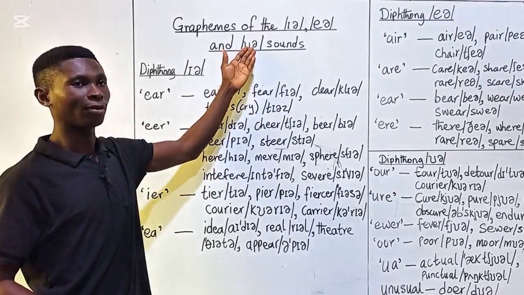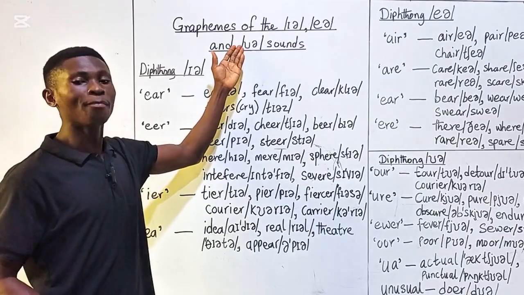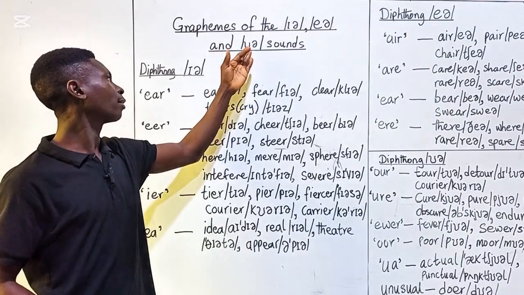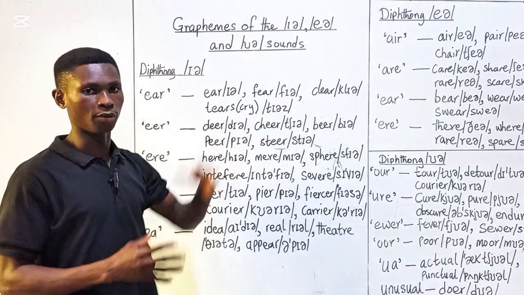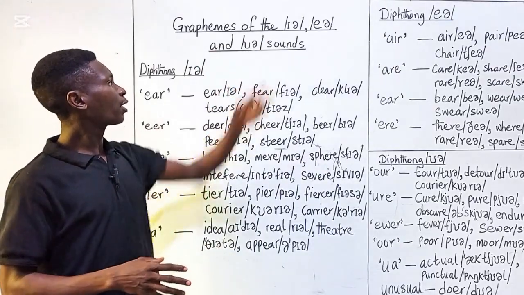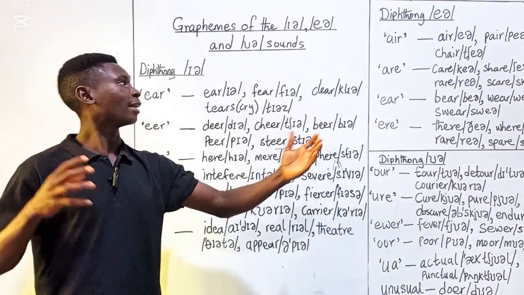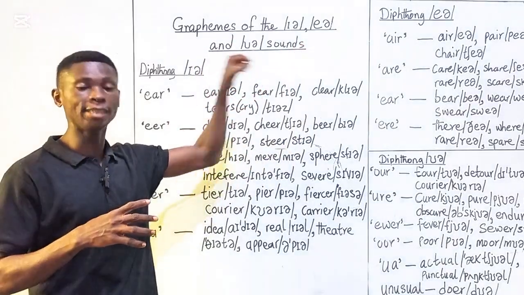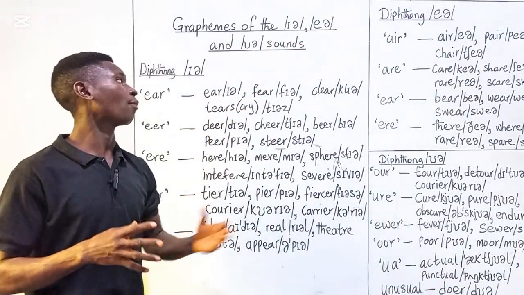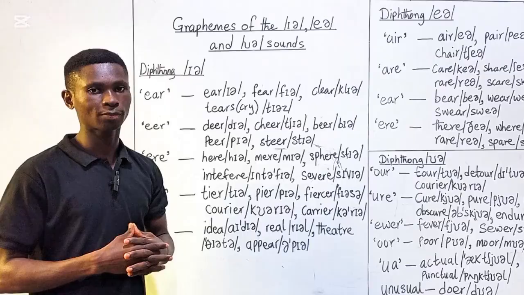Then the or sound makes movement from the high back to the middle part of the mouth. So for the three vowel sounds, we have movement from different parts, like the front and the back of the tongue, to the central part. That's why we call them the three centering diphthongs.